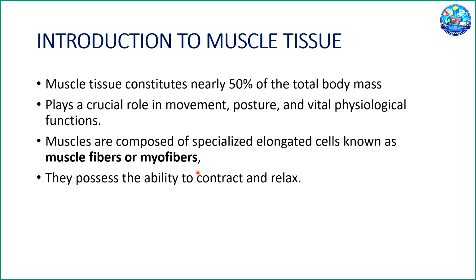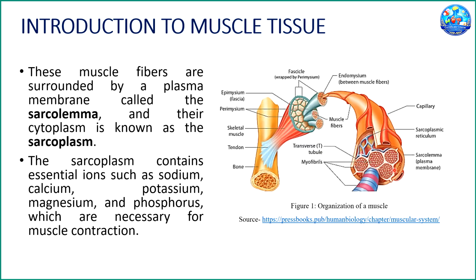They possess the ability to contract as well as relax. These muscle fibers are surrounded by a plasma membrane, which we call the sarcolemma, and the cytoplasm present within this we call the sarcoplasm.